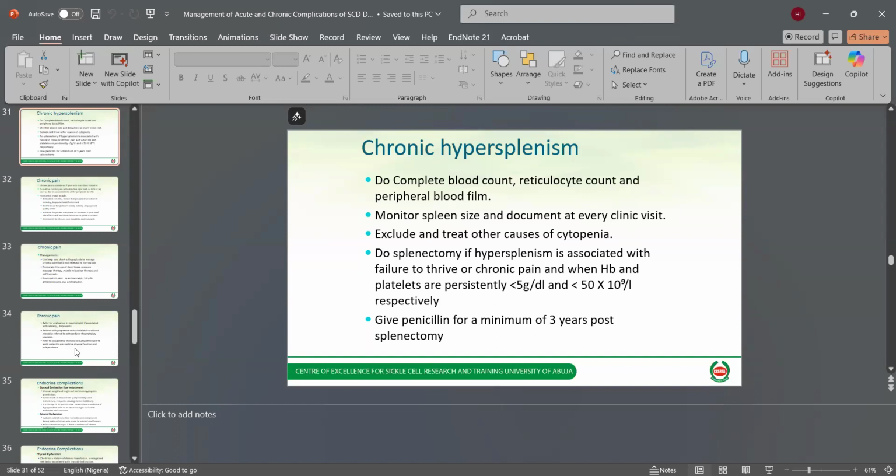Splenectomy is indicated because we know that sequestration is a very deadly complication. It is a common cause of death in sickle cell disease children. Following splenectomy, we give penicillin for a minimum of 3 years post-splenectomy.